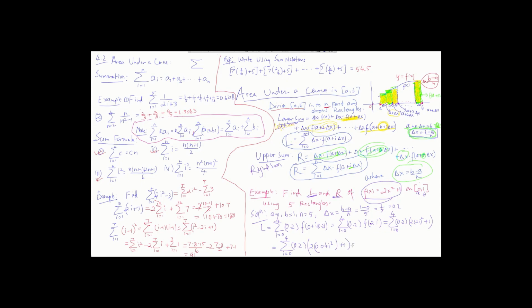Next, i runs from 0 to 4 and we simplify this. 2 times 0.04 is 0.08, times 0.2 is 0.016, and there is i squared.